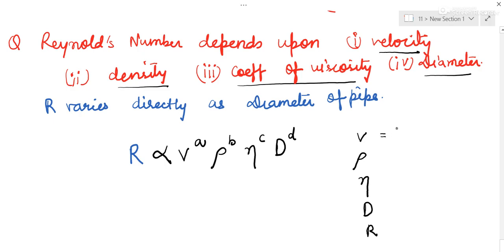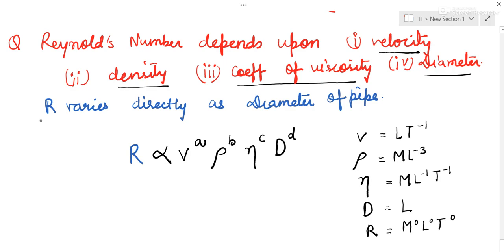So we can write down the dimensional formula of both. Velocity is LT minus 1, density is ML minus 3, eta is ML minus 1 T minus 1. If you don't remember, you have to derive. Diameter is length and Reynolds number is dimensionless.